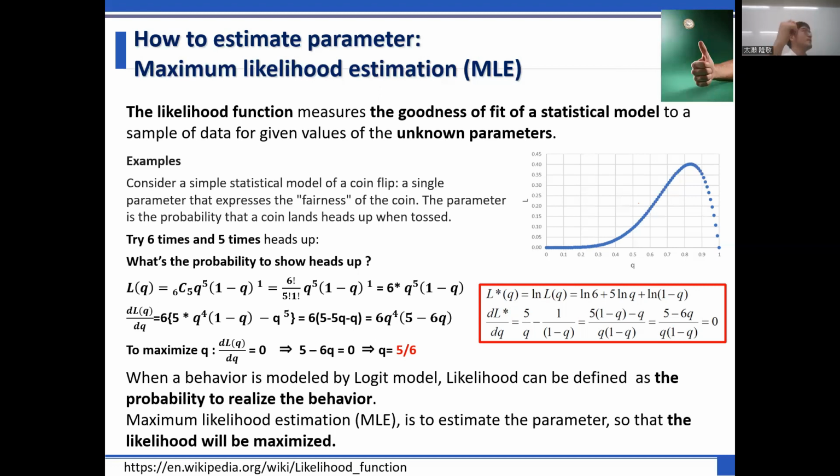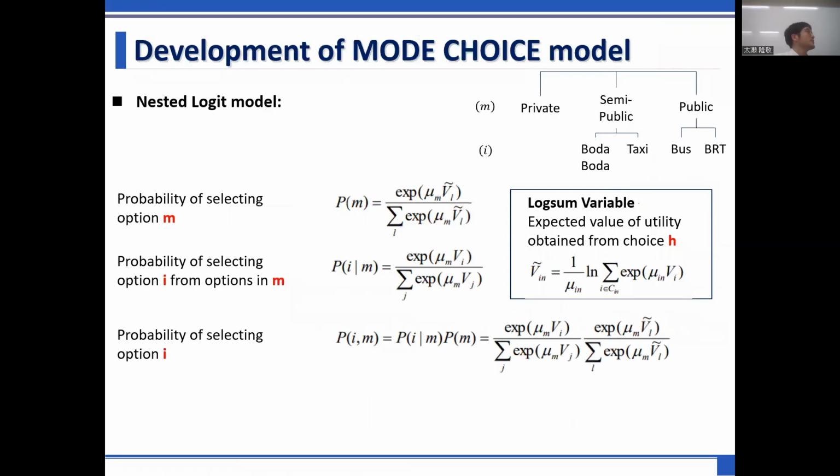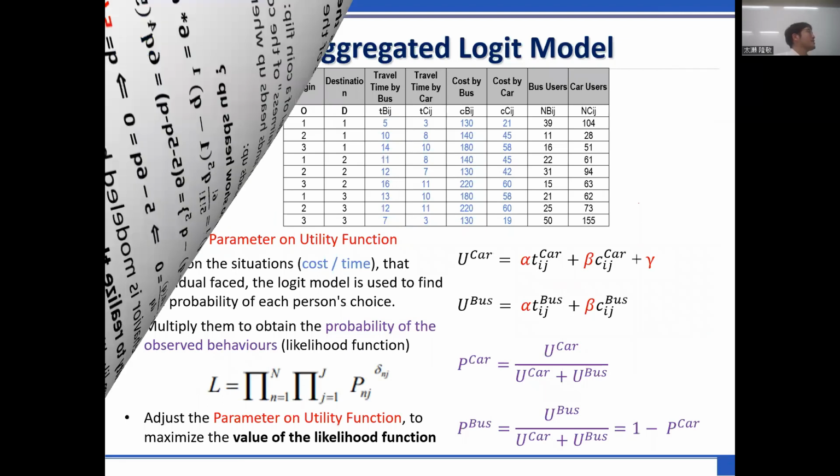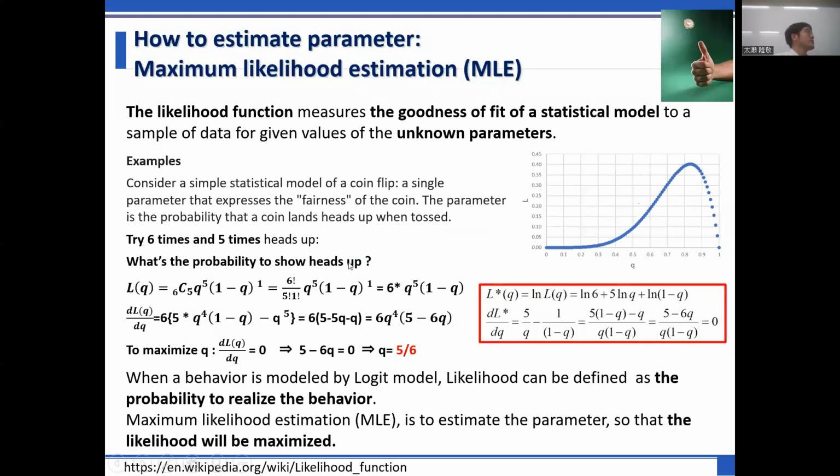However, when you try 6 times and 5 times heads up, according to these estimations, the probability of heads up of this coin can be modeled through a formula. The probability of the coin must be 5 per 6.